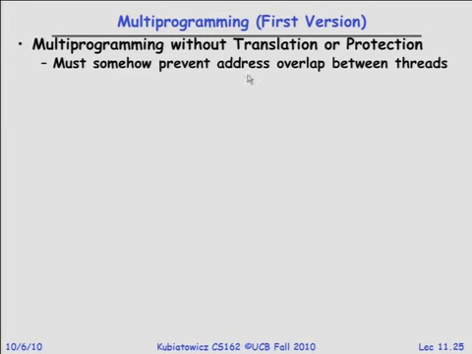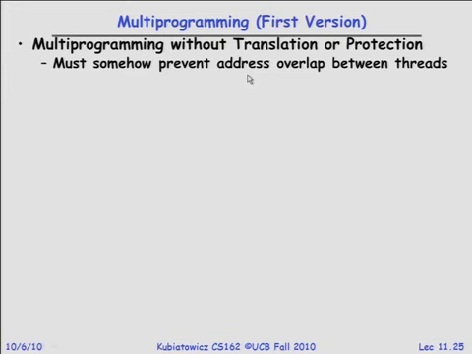We use some combination of the loader or linker to change all the addresses at bind time, so that application 1 can run from a base of 0 and application 2 can run from a base of 0x2000. As the thing is being loaded, we're translating all the addresses so that it can run at that part in memory.